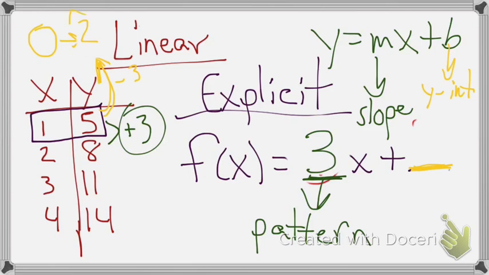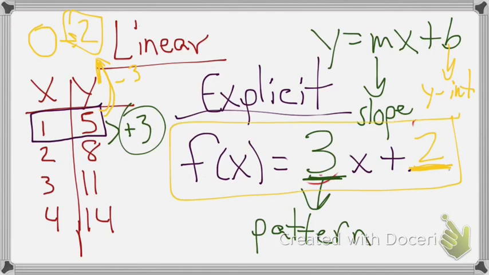So 5 minus 3 would give us 2. That means the y-intercept of that equation would have to be 2. The way I want you to remember this is: when x equals 0, what does y equal? And that's what goes in there.